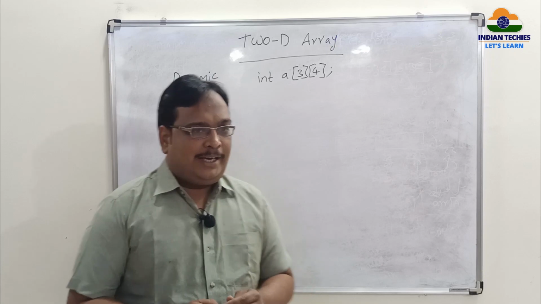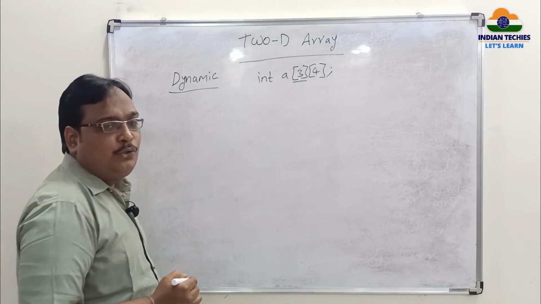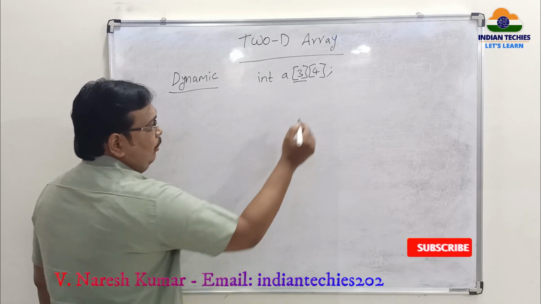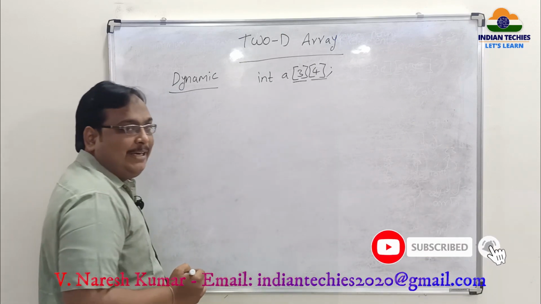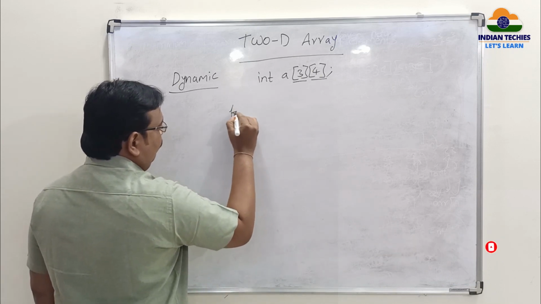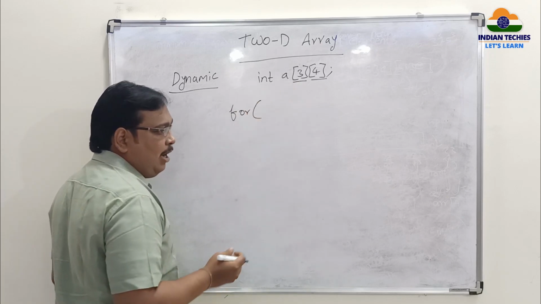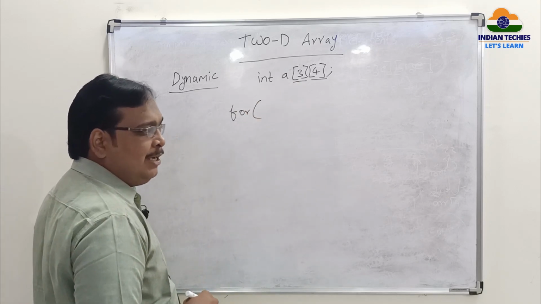Now let us see how to use it. Always the outside for loop is used to repeat the rows. The inside for loop is used to repeat the columns. For our example, since it is 3 rows, always internally the row starts from 0.